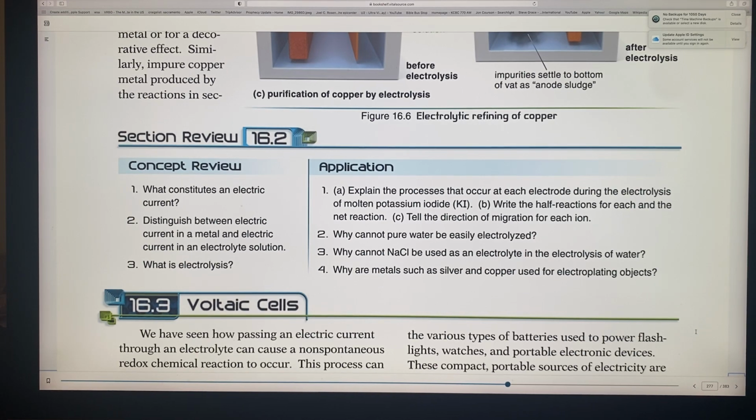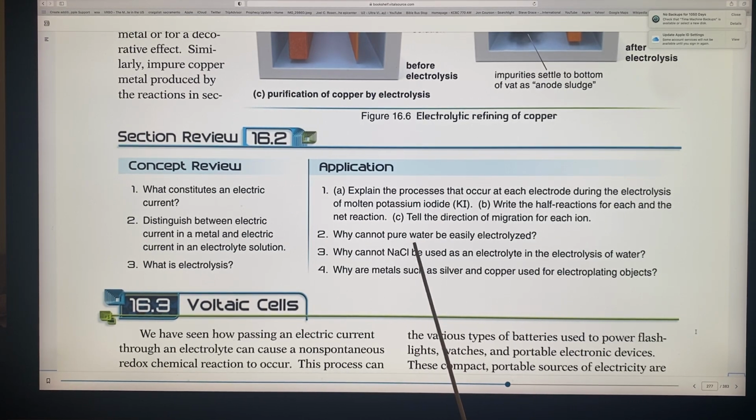It can't go through electrolysis because it doesn't have electrolytes in it, right? But it can go through a redox reaction, but not with ions. Electrolysis has to do with ions.